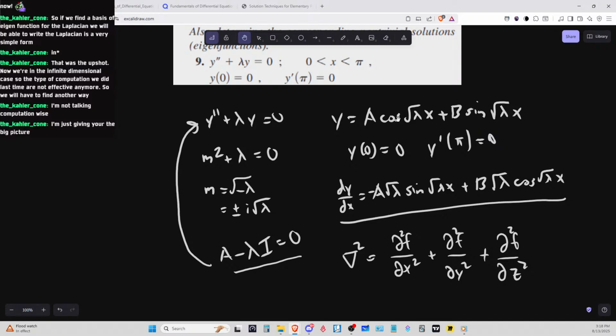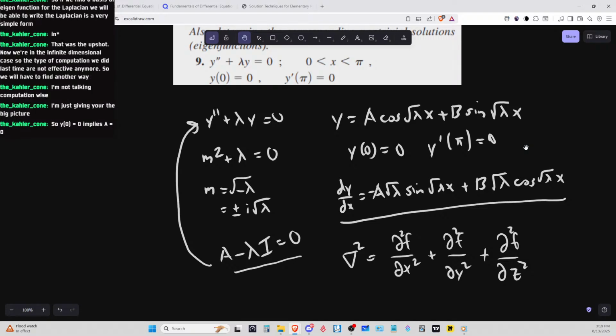And if we try to make one 0, the other one won't be 0. The only thing I can think of is if A and B are 0, which is a trivial solution. Yeah, that's what I'm thinking. The constants have to be 0.